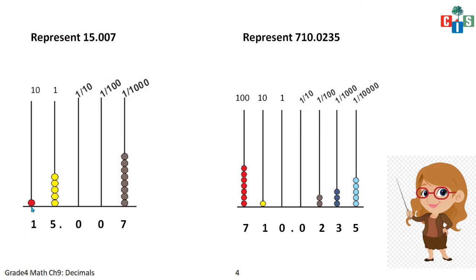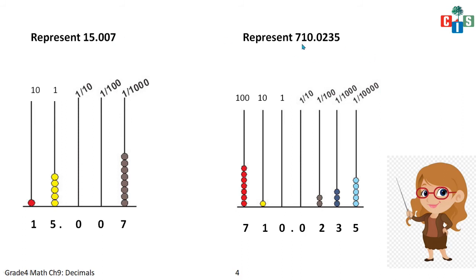So here orange 1 ball is there. Clear? Now for the decimal, here the decimal point is there and this is 1/10. Decimal के बाद वाला place value क्या होता है? 1/10. Then 100th. It's not hundredths, 100th. Okay, 100th and 1000th. So 0, no balls, 0 here, no balls, and 7 balls here because in the 1000th place we have 7.